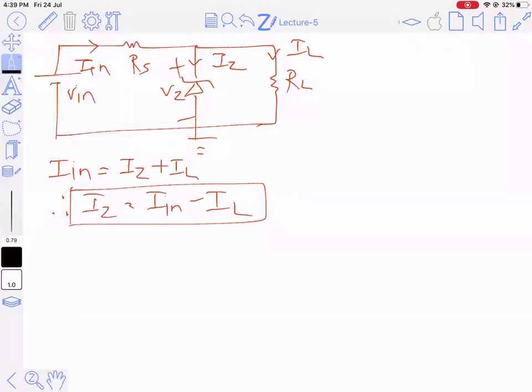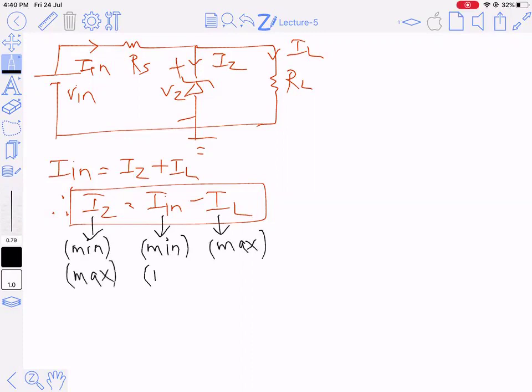You should know that when IZ is minimum, In is minimum, IL is maximum. When IZ is maximum, In is maximum, IL is minimum.